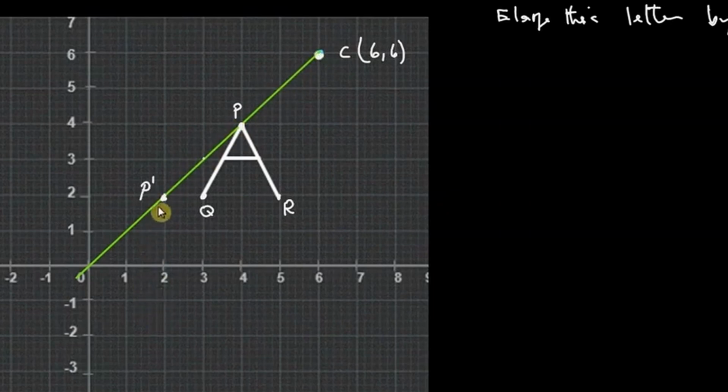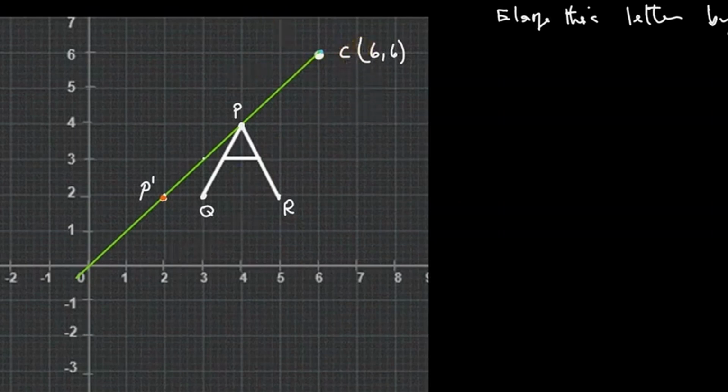P prime would be twice the distance from the center of enlargement as P. Similarly for R, similarly for Q, we simply need to draw lines between the center of enlargement and each vertex and simply double the distance to find the corresponding image coordinates.